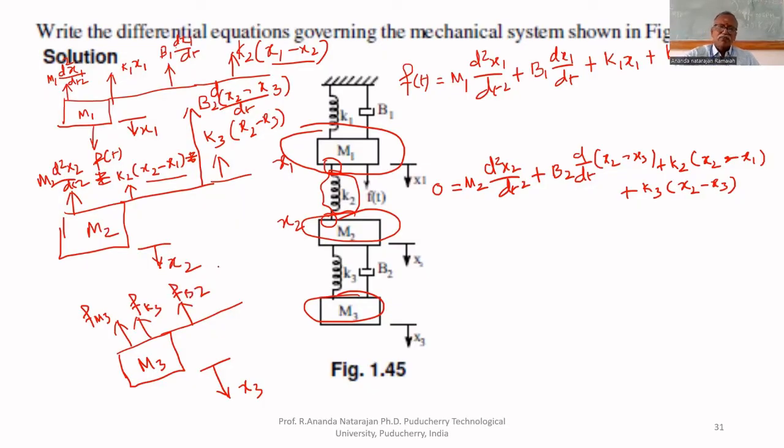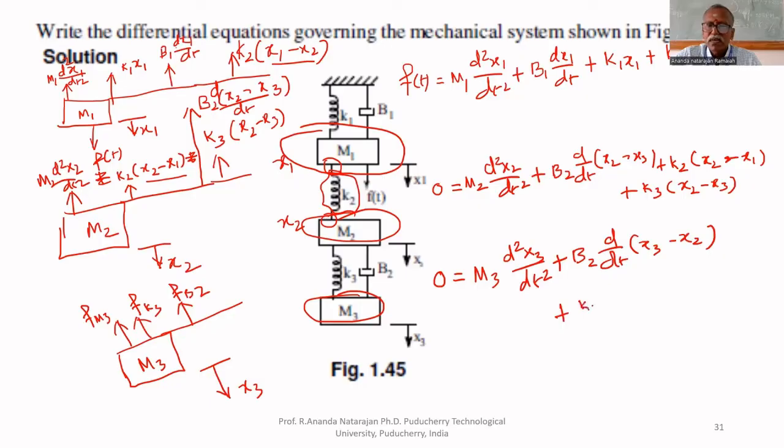What is the equation? 0 equal to m3 multiplied by d square x3 by dt square plus, for the dashpot, B2 multiplied by d by dt of x3 minus x2, plus K3 multiplied by x3 minus x2. K3 is connected to both M3 and M2, and here the x3 displacement is considered as far as M3 is concerned.